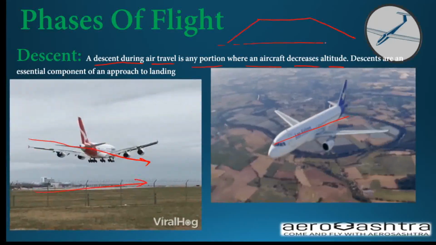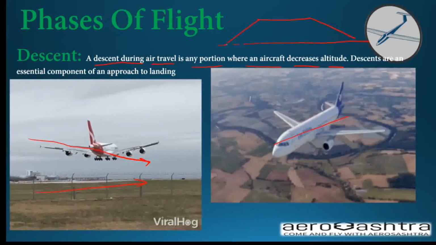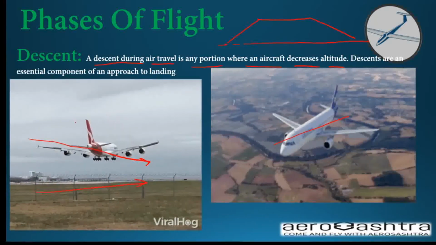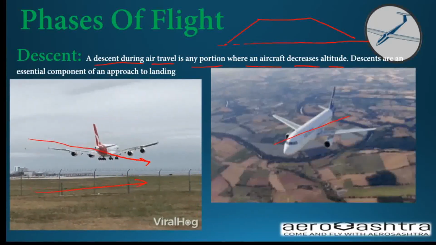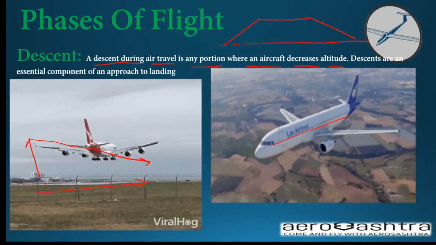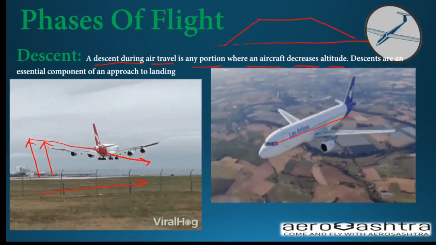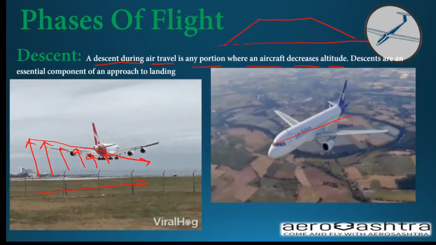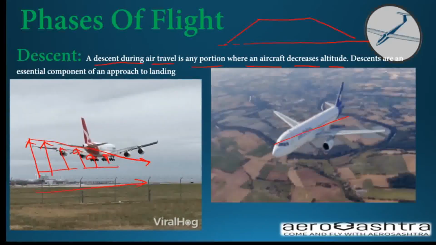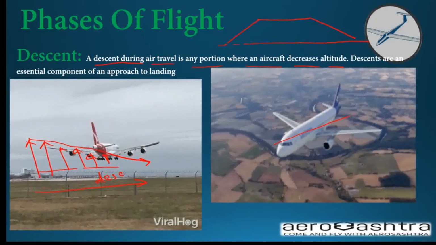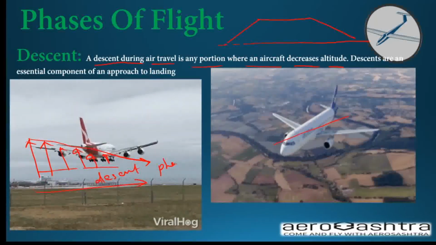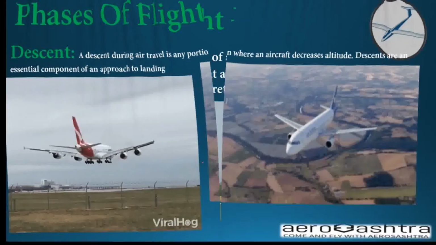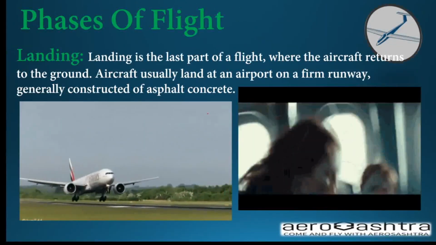So, this will be the trajectory of an aircraft. Here it is reducing the height. This is what is called the descent phase.